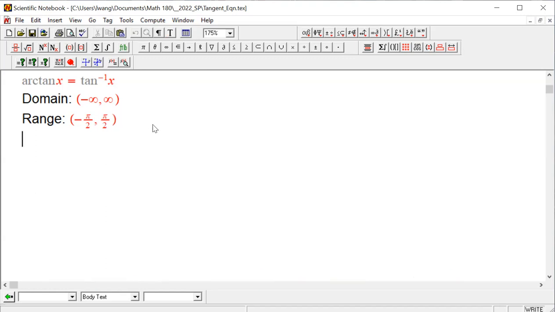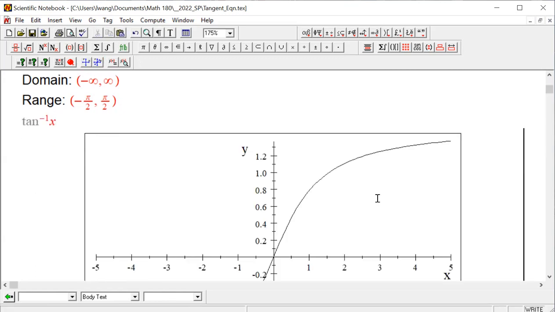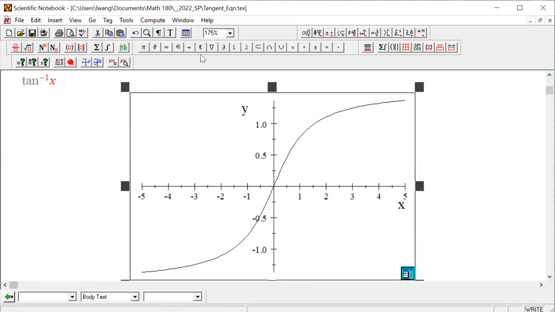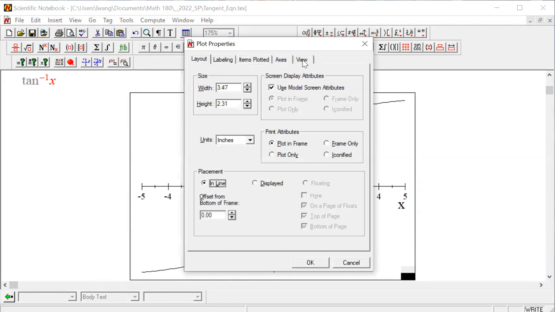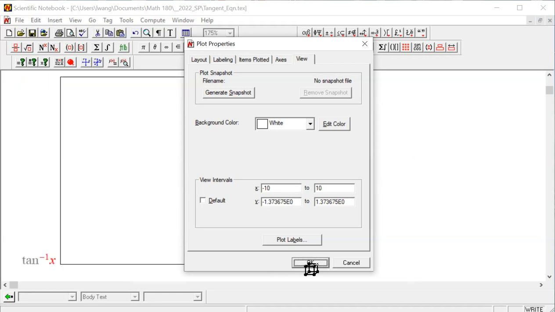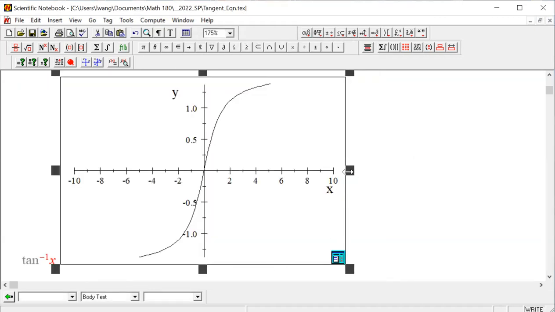And the curve of arctangent, if we draw the picture, we let the machine do the work. It's at your fingertips if you have a calculator. Okay, so that's the curve, arctangent.